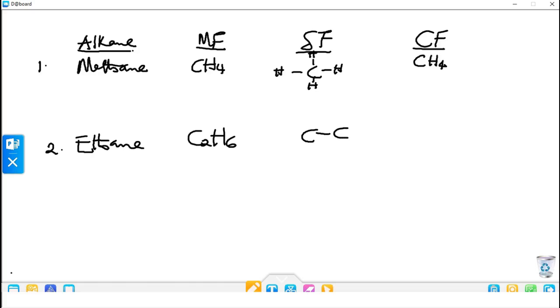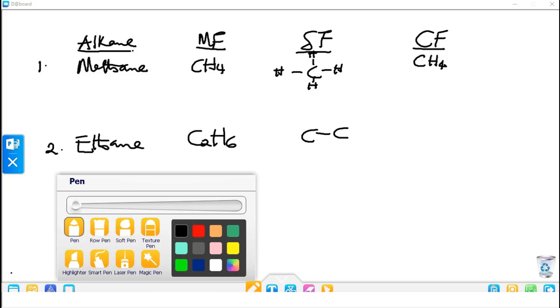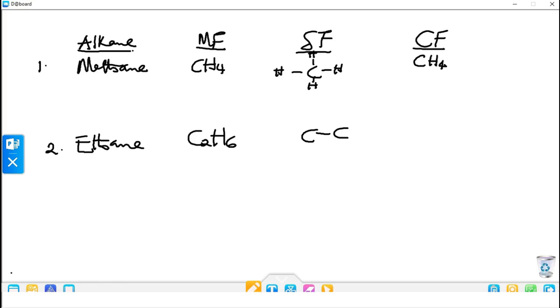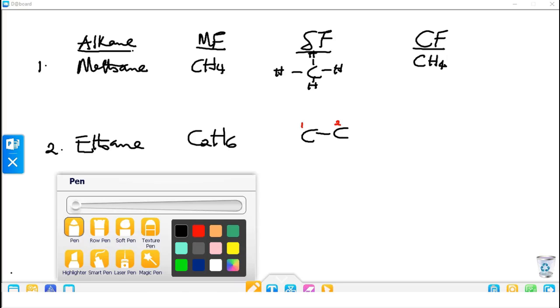and since alkanes are saturated compounds with single bond, the carbon atoms must therefore have single bond. Since the carbon atoms are having single bond, it means that if I am to say this is carbon 1 and this is carbon 2, then carbon 1 is having 1 bond, carbon 2 is also having 1 bond.